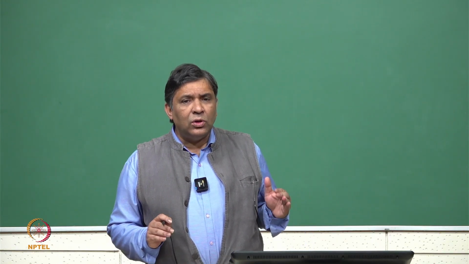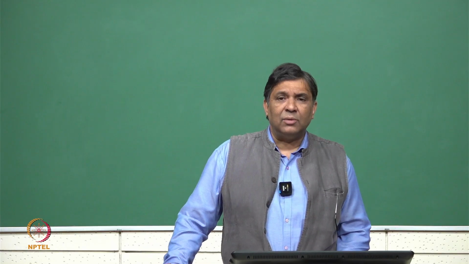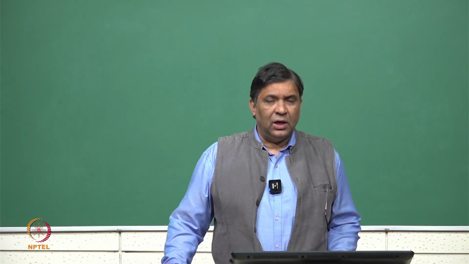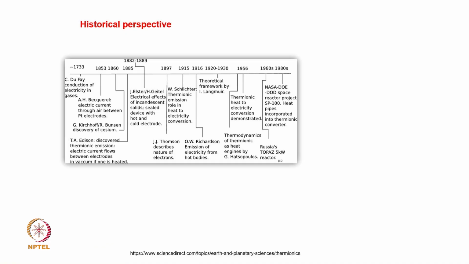So, let us go a little more into this historical perspective of thermionic emission, how chronologically the subject developed. Going back to 1733, C. du Fay showed the conduction of electricity in gases. This is the way people started working.